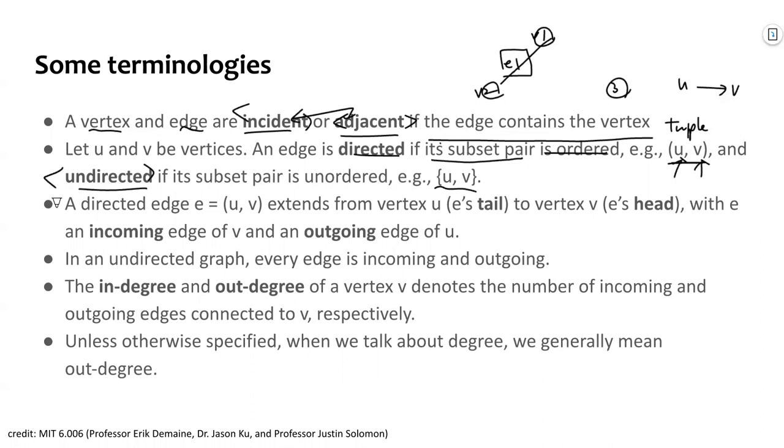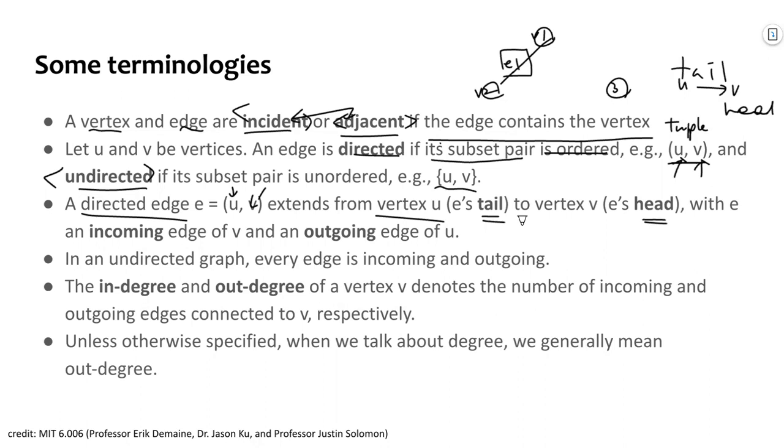And another thing is, when it comes to a directed edge, U is the starting point and V is the end point. We say vertex U, this one here, is the tail. And we say vertex V is the head. Okay? So the starting point is called tail and the end point is called head.